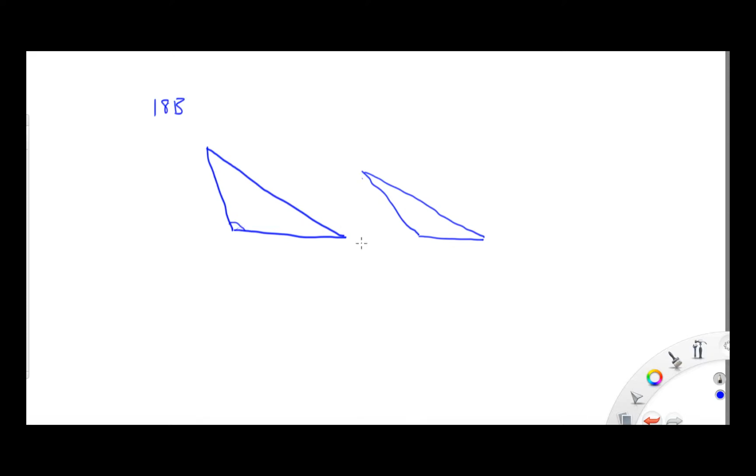And you're going to notice that we have these angle marks, or what they call tick marks, to demonstrate the congruency of each of these angles. In other words, if I label this A, this B, and this C, A is the same as this one, B is the same as this one, C is the same as this one.